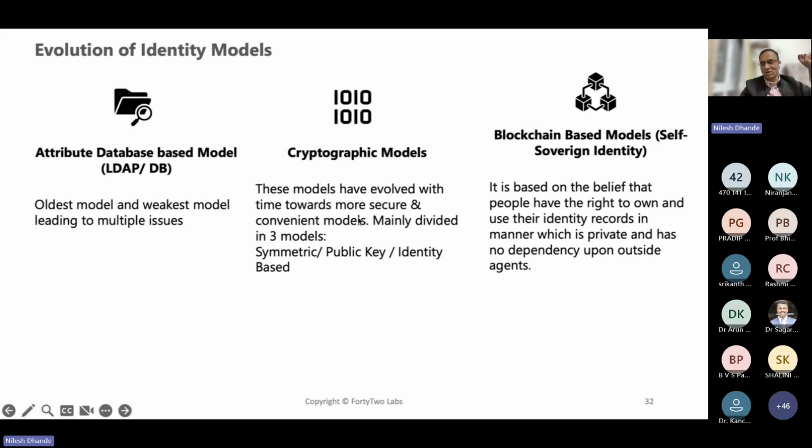Okay. In the cryptographic model, the most beautiful model that has evolved was the digital certificate model. If I have a digital certificate with me, my own, by doing a KYC with a CA, I can prove my identity provably to the other party, to the bank, to the government, even to peer-to-peer communication. So that is the cryptographic model. What was the problem with that?